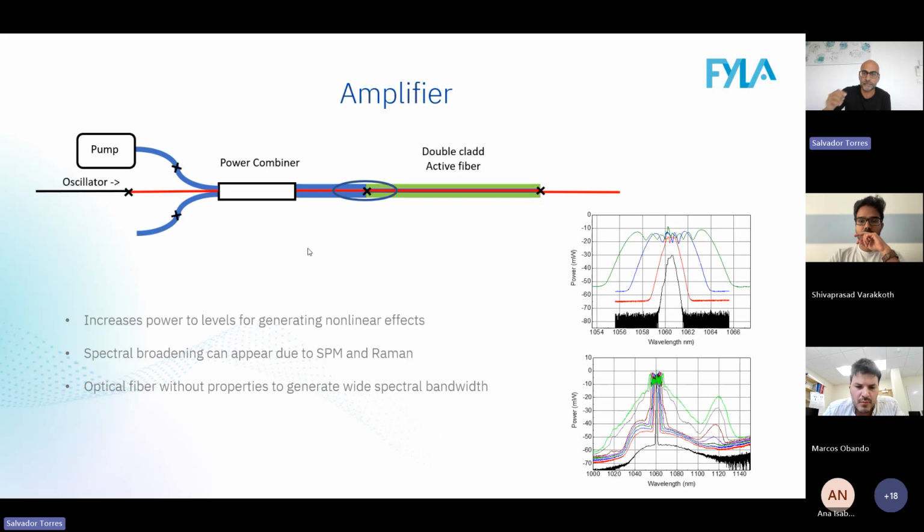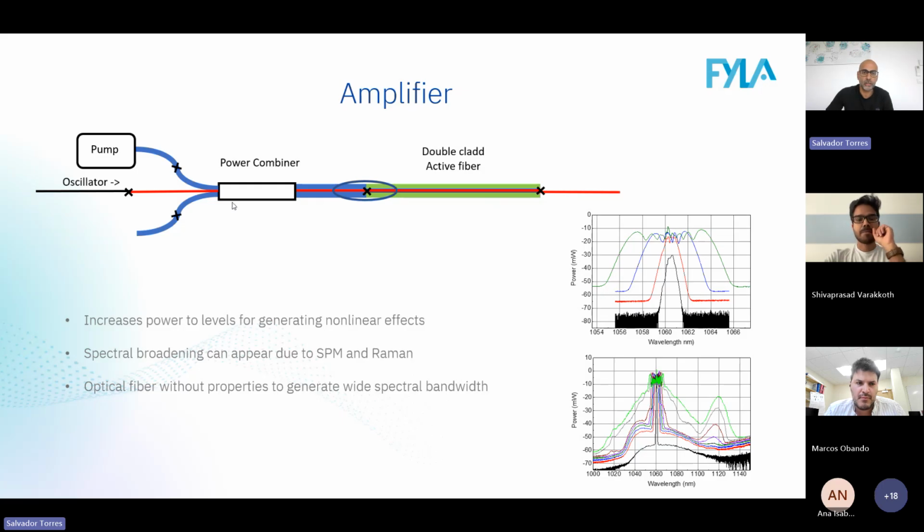The amplifier, as its name suggests, is the stage where the energy of the pulses is increased to achieve levels for generating the nonlinear effects. In the amplifier, as the power increases, nonlinear effects are also generated that contribute to spectral broadening, but it does not have the optimal properties to broadly widen the spectrum.